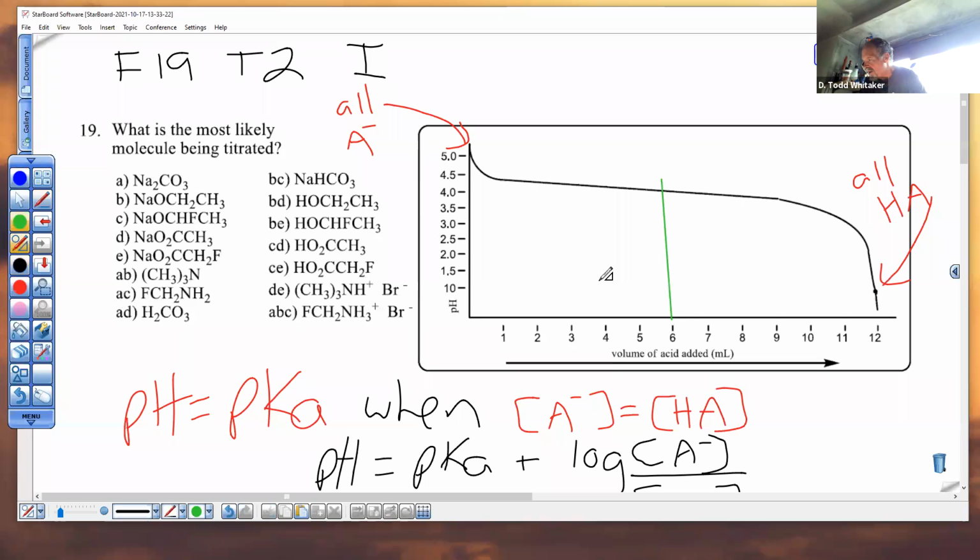Then we say, okay, what was the pH when this was at halfway? We read along there and we see the pH equals 4.0. pH equals pKa equals 4.0.